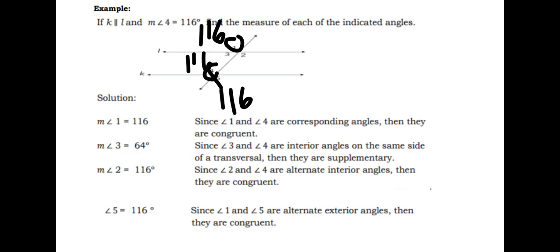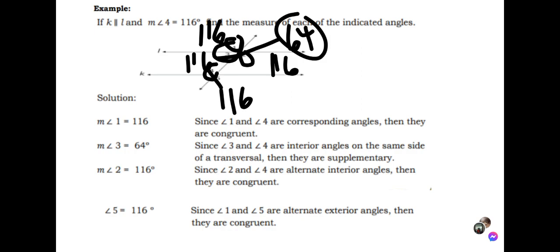You can find 2 because 1 and 2 are vertical angles, therefore 2 is also 116. Now, 1 and 3 are linear pair. So therefore their sum is 180. So 180 minus 116, this will give us 64. Okay, so there are a lot of ways to find the measurement even though only one measurement is given.